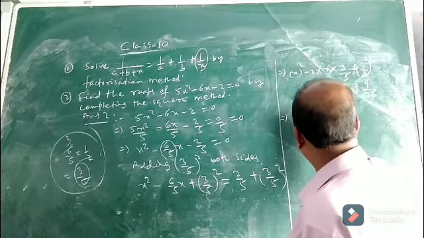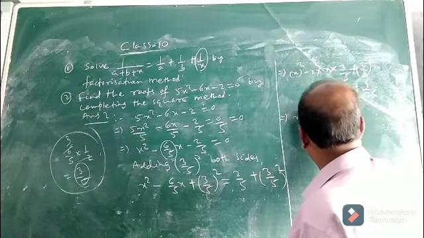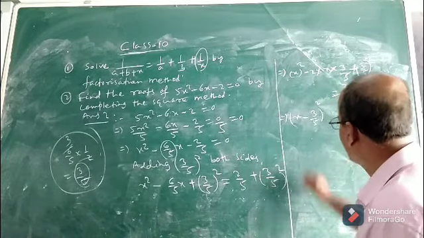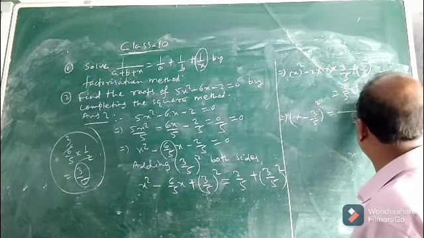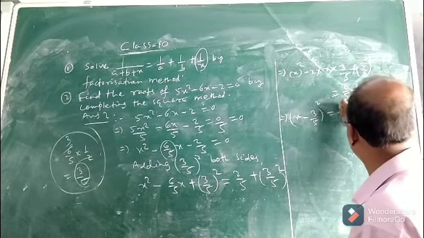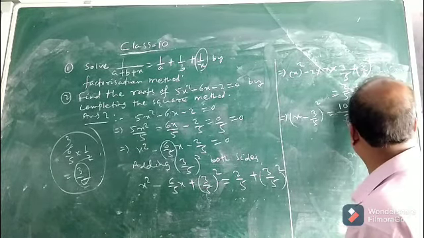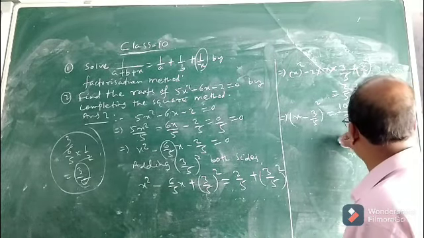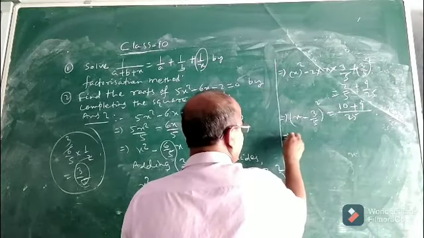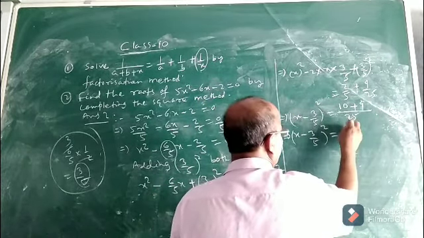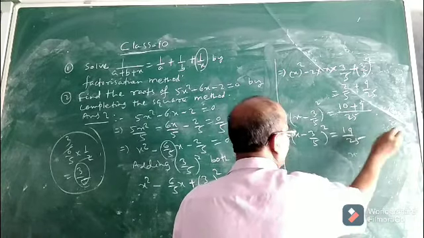So in place of a you put x, in place of b you put 3 by 5, so x minus 3 by 5 whole square equal to, take the LCM of these two: 25 by 5 is 5, 5 into 2 is 10, 25 by 25 is 1, 1 into 9 is 9, so 19 by 25. So x minus 3 by 5 whole square equals 19 by 25.